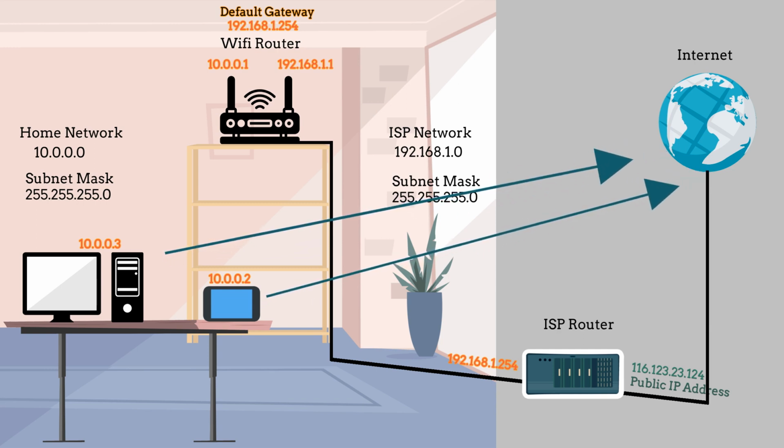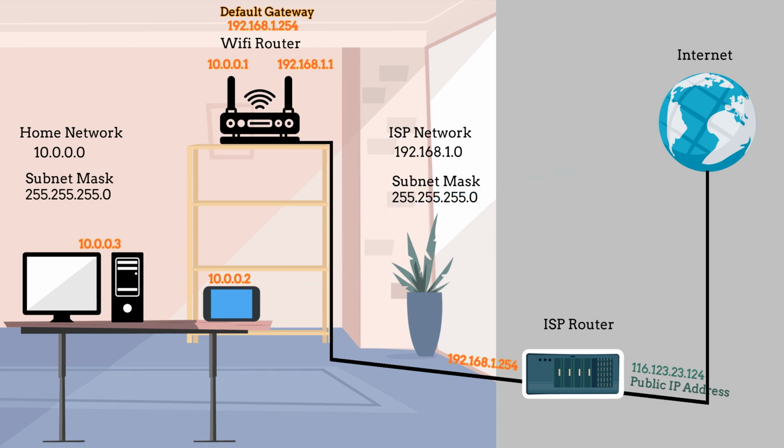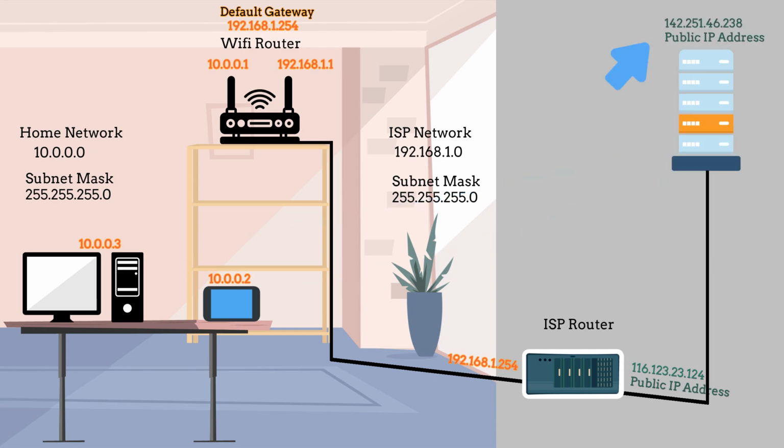When a device within our home network needs to communicate with an IP address on the Internet, say for instance 142.251.46.238, it first checks if this IP address is part of its own network. Given that the IP address is not a part of our home network, the device sends its data to its default gateway. In this situation, that's our Wi-Fi router with the address 10.0.0.1.